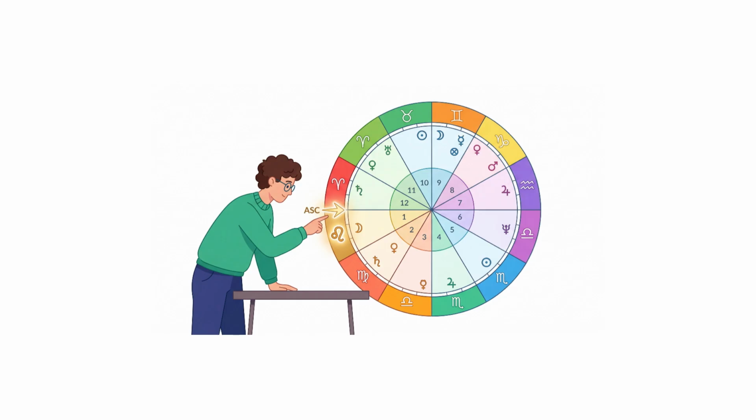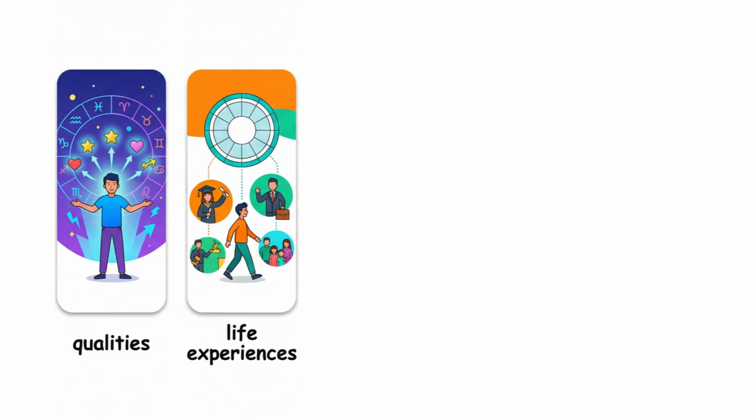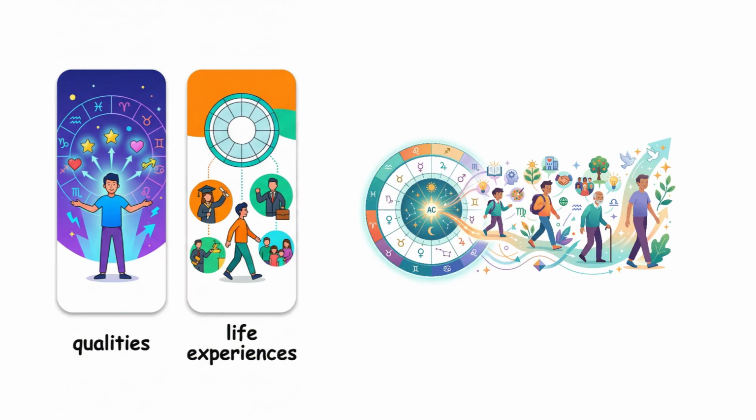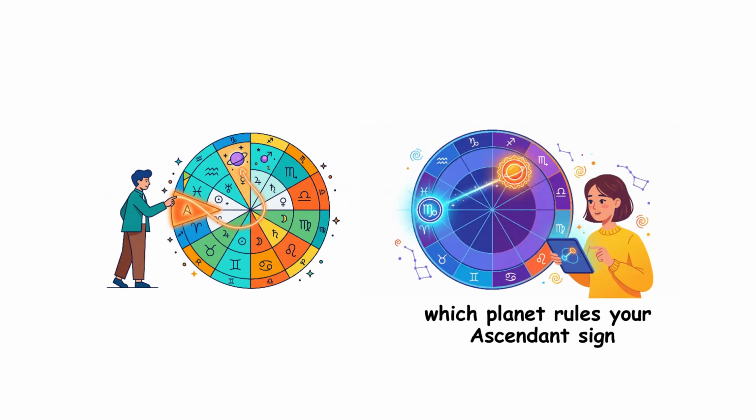To continue, start by finding your ascendant sign. These qualities come through your overall life experiences and shape who you are becoming, and they are very important traits for your personal growth. After that, find your chart ruler by identifying which planet rules your ascendant sign.